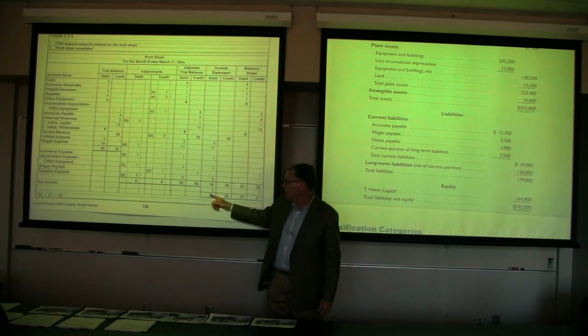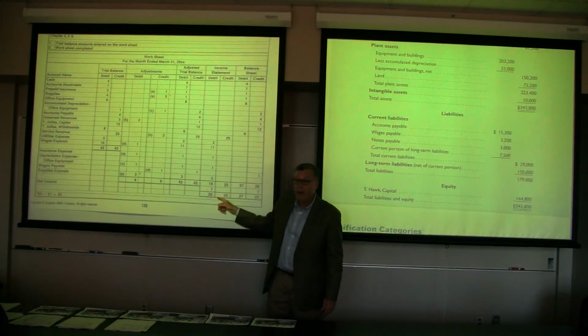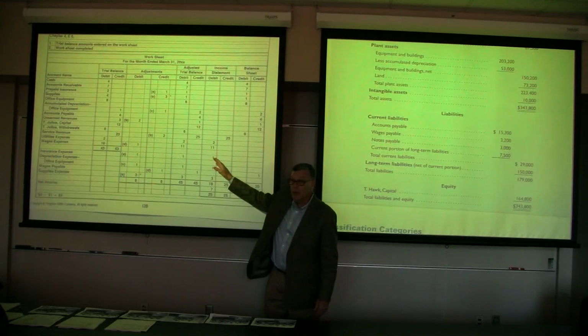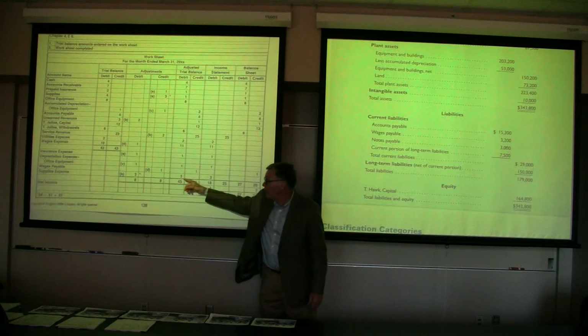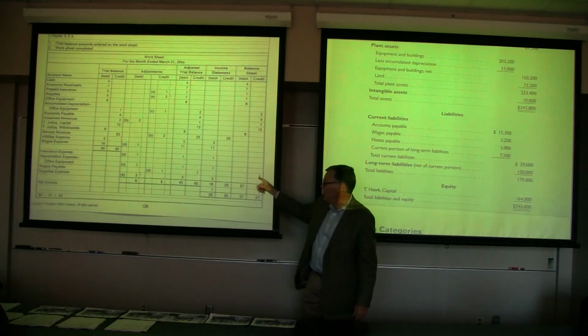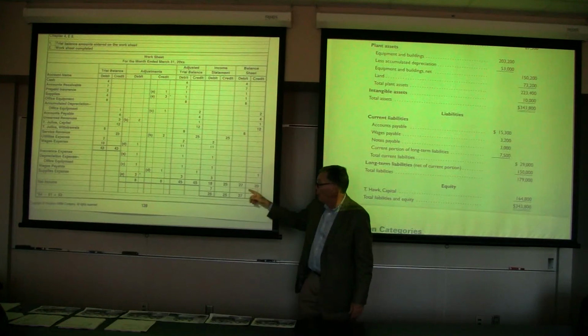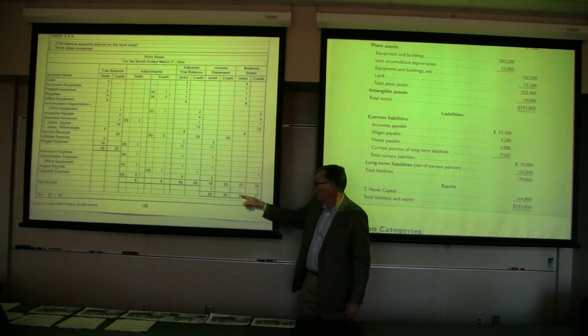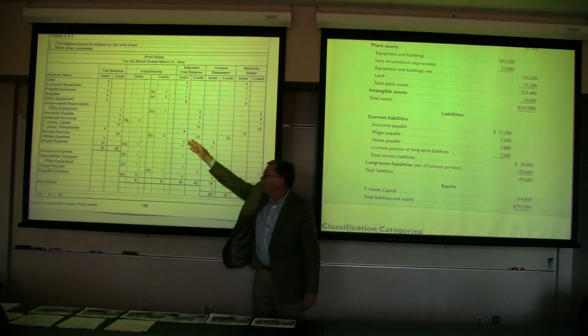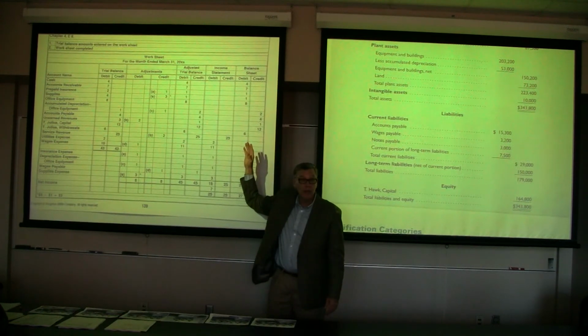Put it on the side of the smaller and add them back. Now everything that didn't go to the income statement does go to the balance sheet. An easy one to miss: don't forget, wages payable is a liability, so it goes down here. You add them up, they won't equal, but when you carry the net income or net loss forward, put it on the side of the smaller, and that equals. All of this cross-footing has been verified.